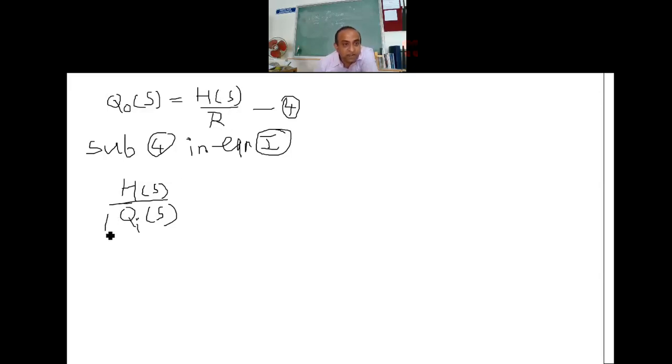Here also you get R. On the right hand side, it is as it is, that is 1 divided by 1 plus tau S. Now I'll take this R and write it here.